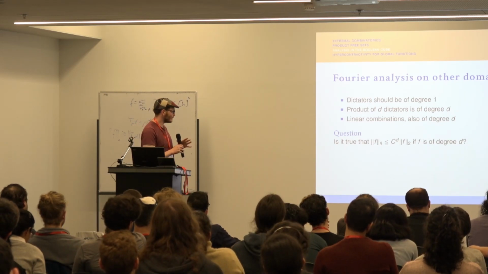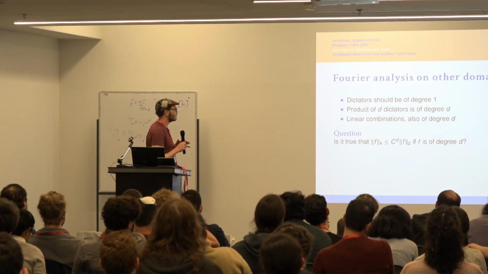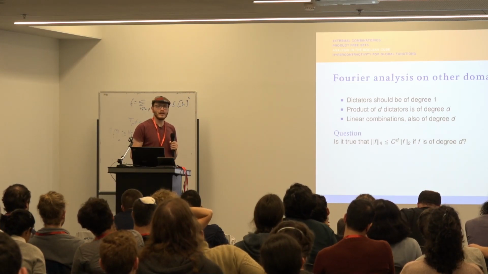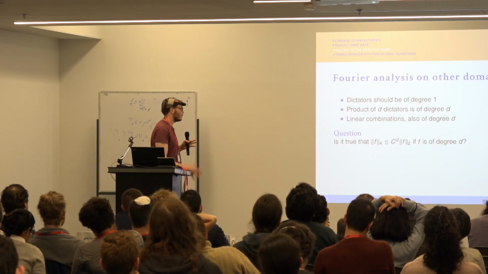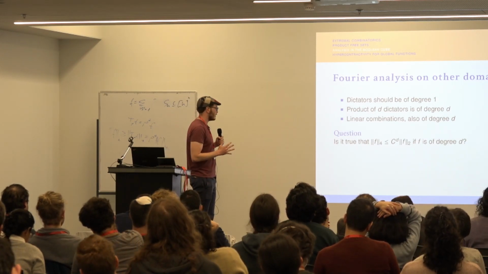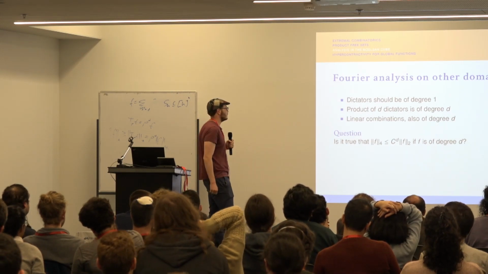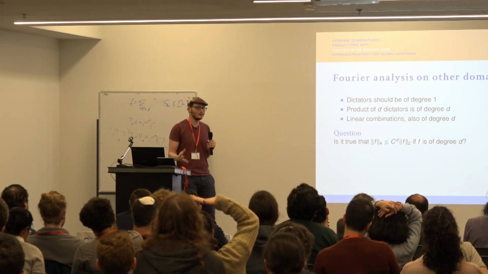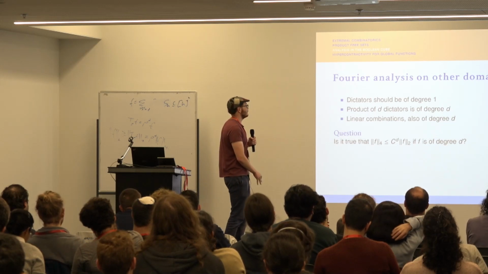So there is the greedy decomposition inside Sn, and you can refine it to get the representation theoretic decomposition. And this is a coarser decomposition, and it's defined as follows. All you need to know in order to define the degree decomposition is much more elementary. You only need to know the notion of dictators.